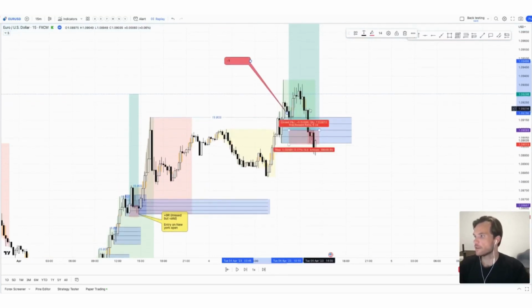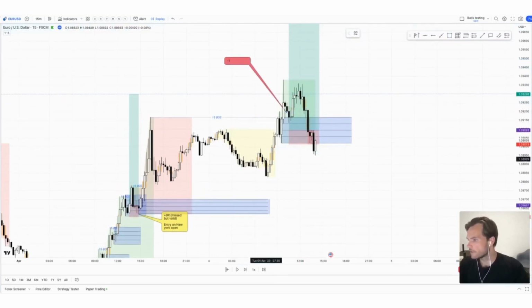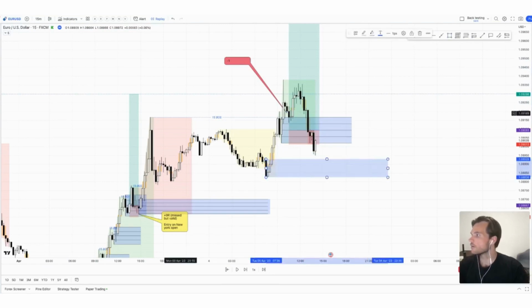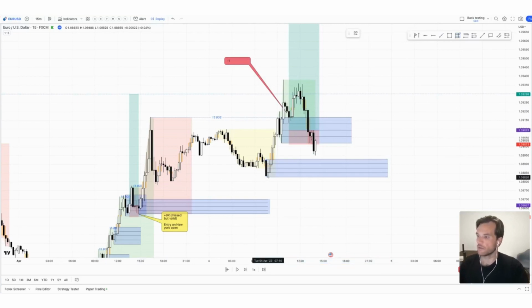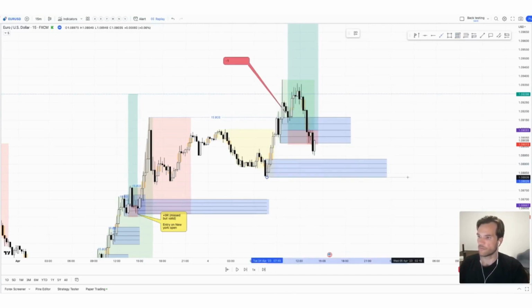Okay. The next valid order block is actually this one. Because we've had this 15-minute breaker structure, we've got a new 15-minute low here.